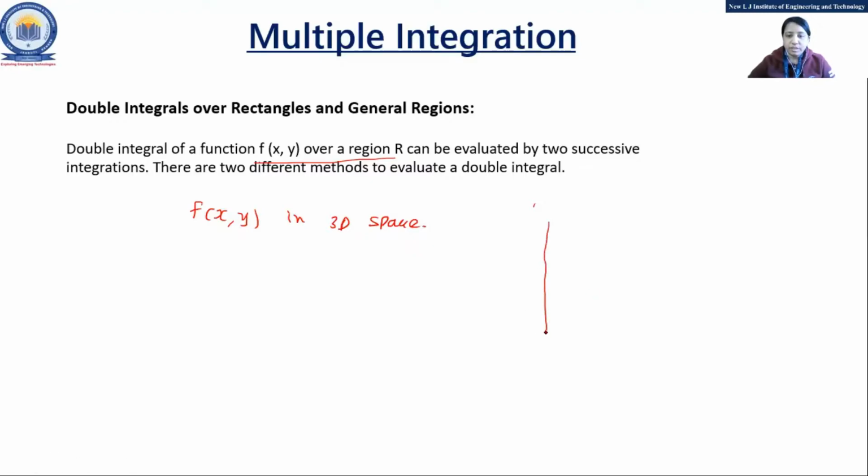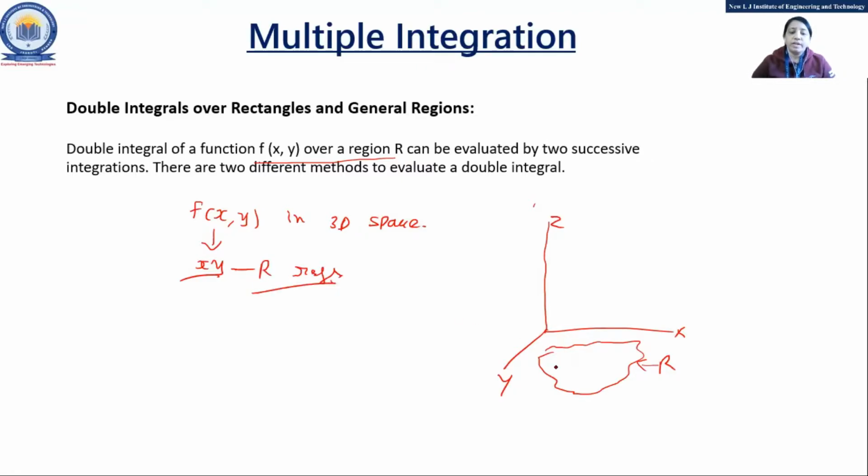Suppose these are the x, y and z axes. Now this f(x, y) is over the xy plane. Suppose R is a region in the xy plane.